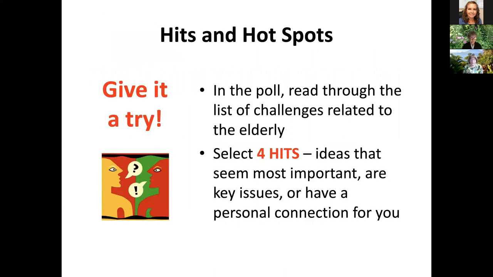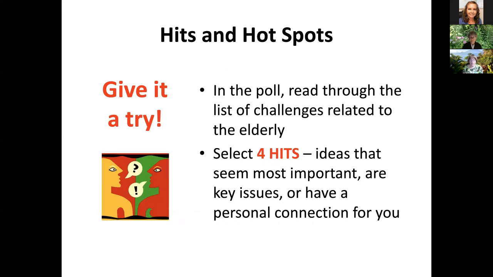So we're going to give this a try. Deb is going to open a poll, and in the poll, there is a list of challenges related to the elderly. So this would be if you're taking the elderly as your area of concern. We would like each of you to select 4 hits. Don't do more than 4.